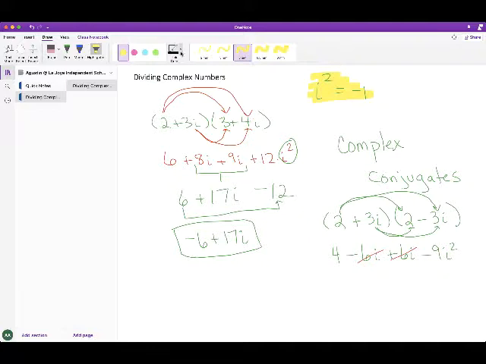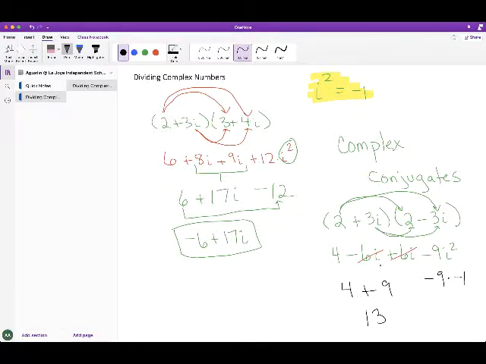And it just so happens that we have an i squared there, so this i squared is going to be a -1. So it's going to be 4, this is all gone in the middle, and this is going to become -9 times -1, so that is going to become plus 9. Once you add 4 plus 9, that is equal to 13.